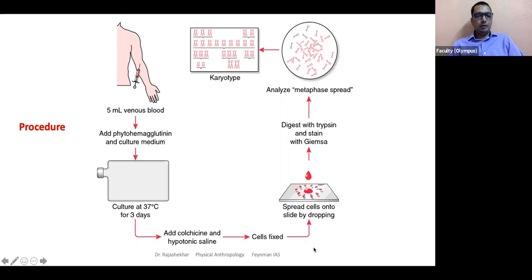And then you add a hypotonic solution to make cells bulge so that they can easily break. Then drop them on the slide, and when it drops, it will open up, spreading the chromosomes. To the chromosomes, you add stain or a color, especially Giemsa stain, and now you perform analysis on this. This is how karyotyping works.